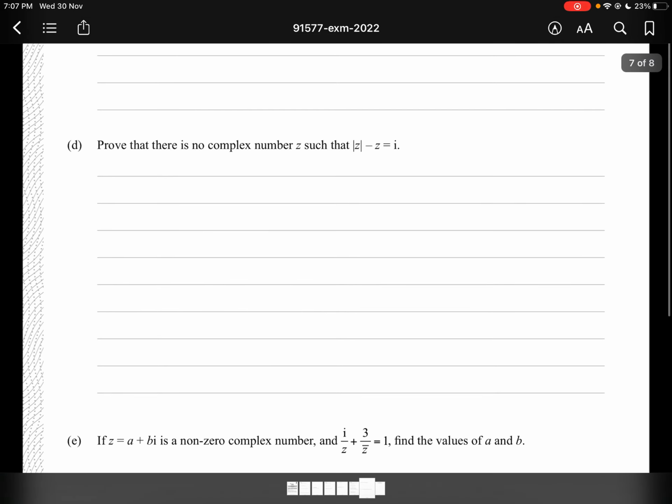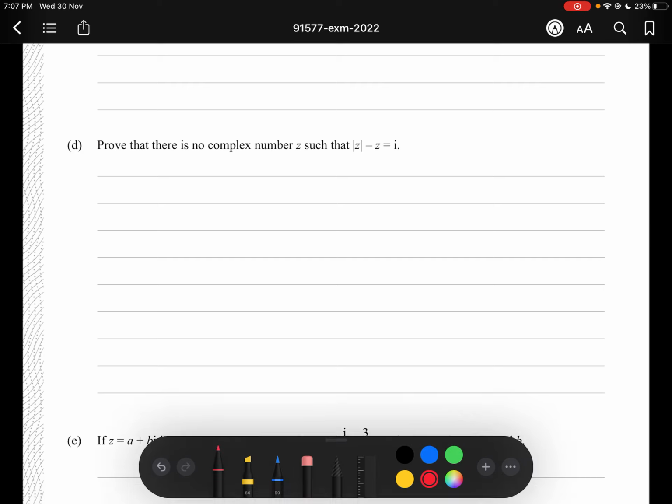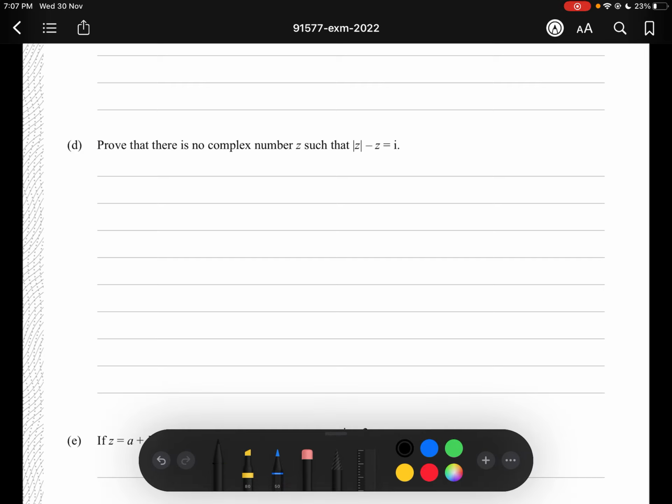All right, question D. Prove that there is no complex number z such that the modulus of z minus z equals i. Let's assume there is such a z. So we say z is x plus iy. Then the modulus of z is the square root of x squared plus y squared.